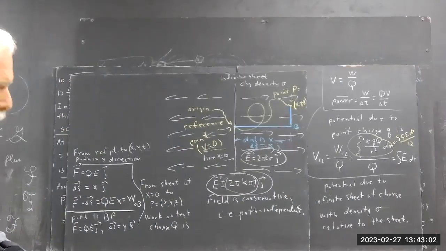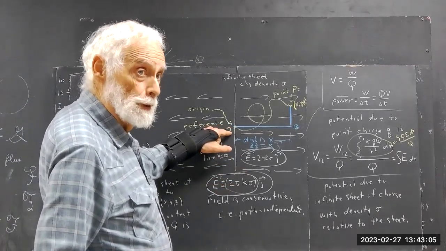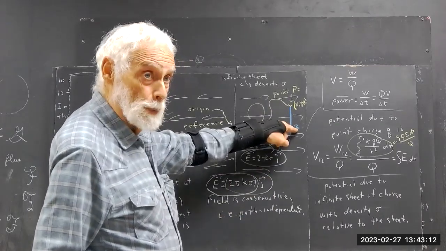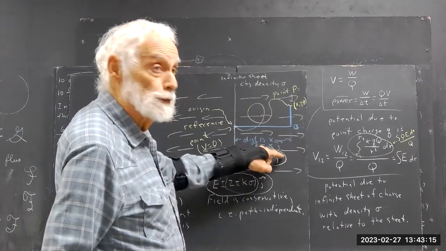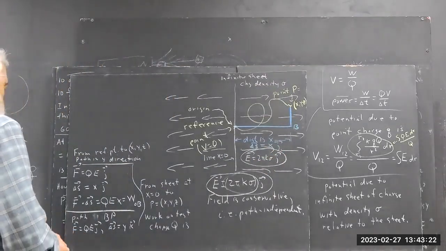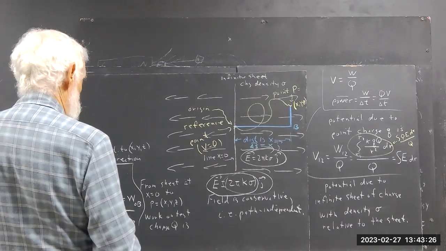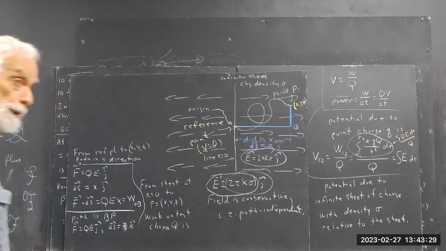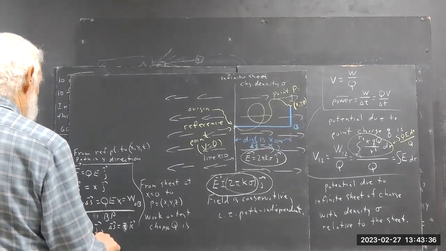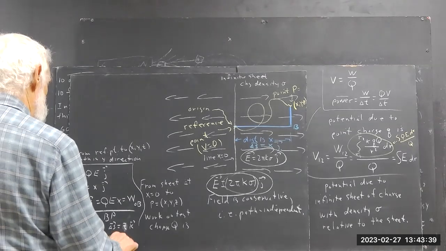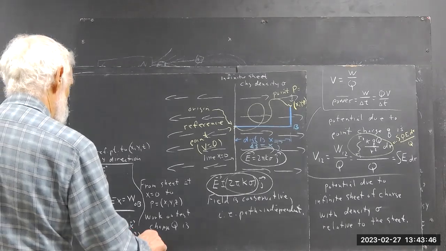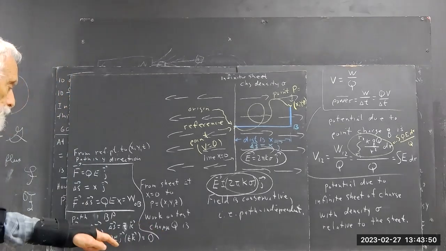So what we're saying is, from my reference point, the origin, to any point X, Y, Z, we can draw a path parallel to the y-axis, then from here to point P, that's the z direction, not Y. It doesn't matter, because F dot delta S, J dot K, is zero.